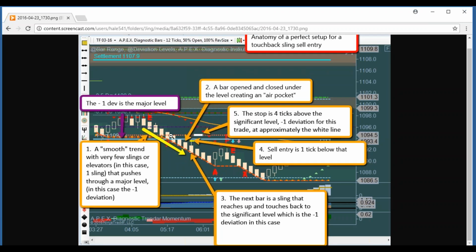Let me make this bigger. As they're coming through this deviation level, do you see any hesitation in these bars? Do you see any slings or wicks as they come through this level? Do you see an elevator in any of these bars? Or do you see a clean, crisp, non-resistant move through that level?